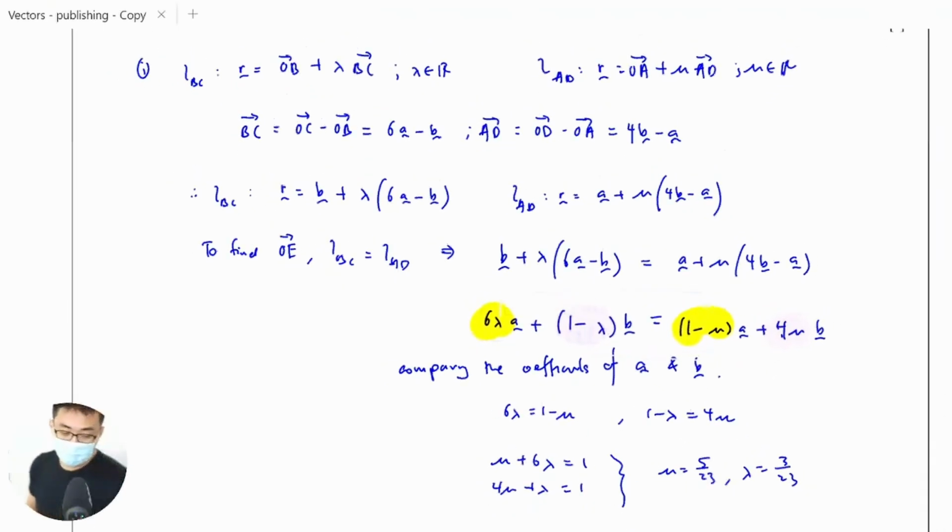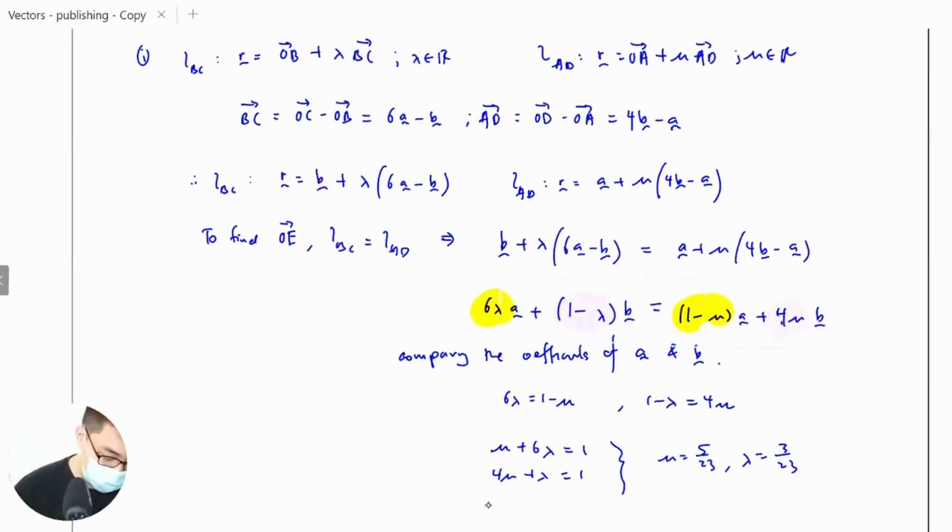You got the housing address for this OE, which OE resides lambda here as well. So you can just sub into anyone to get your OE. Sub into anyone. So if you feel like putting into AD, just sub into AD.